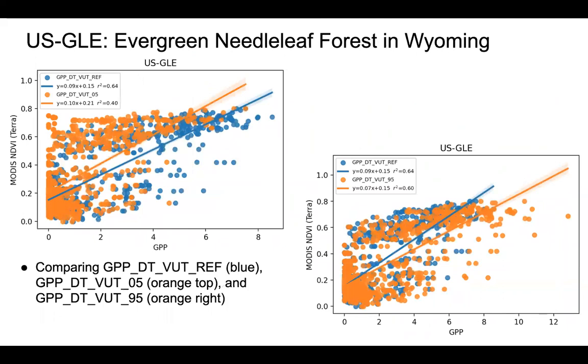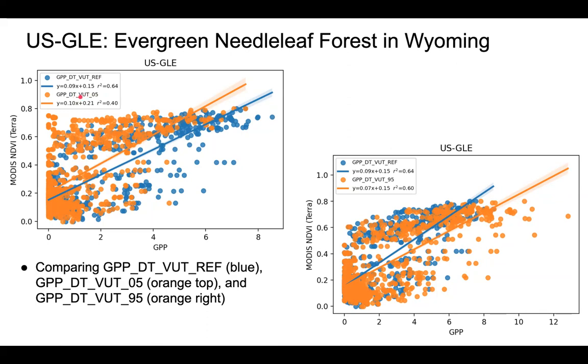One last example, I think this is the last one, and this is a little different. I should have changed the colors, but didn't quite manage. What we're seeing here is not daytime and nighttime anymore. In blue, we have the reference daytime, and in orange, we have the percentiles.